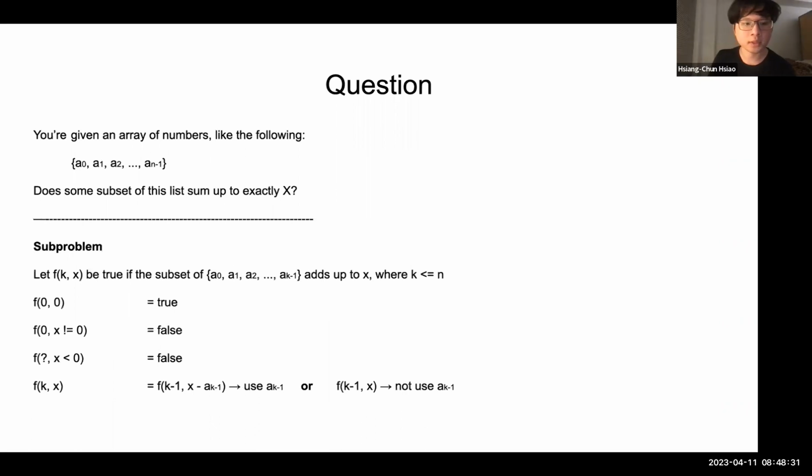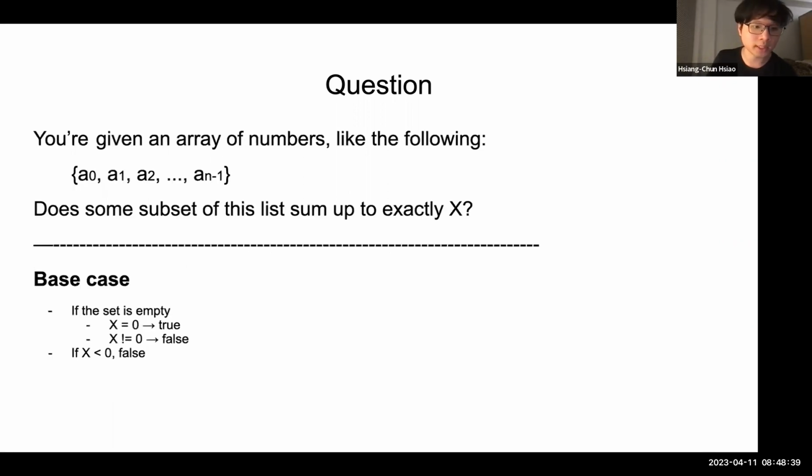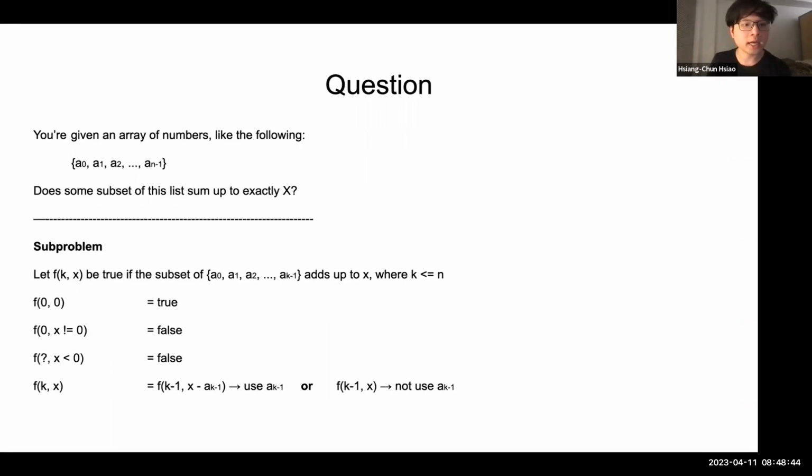Another case would be f of 0 and x where x is not equal to 0, which is the case we identified in the base case, and that will be false. And for any subset where x is less than 0, it will also be false because there's no negative values in this set.